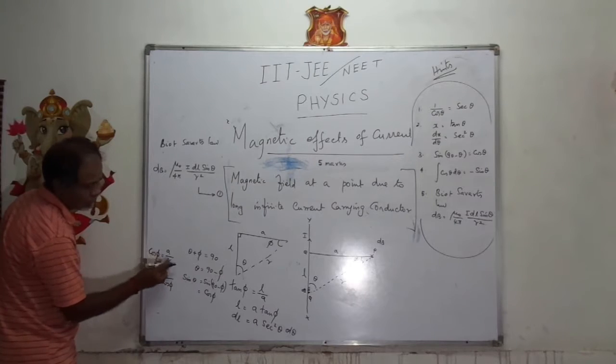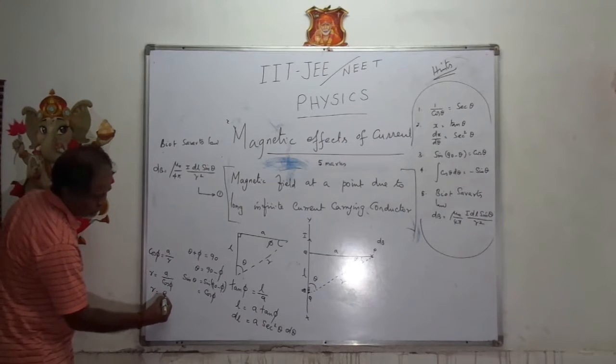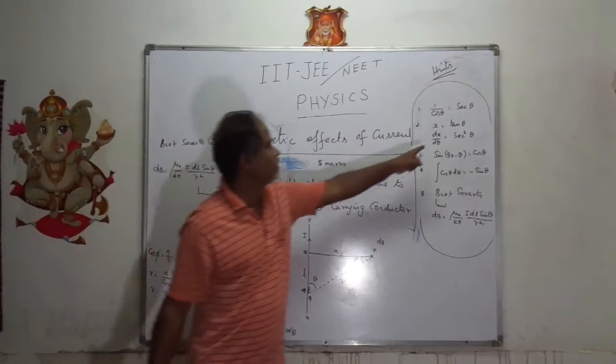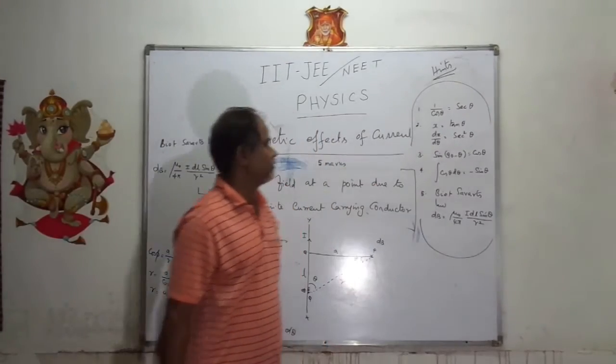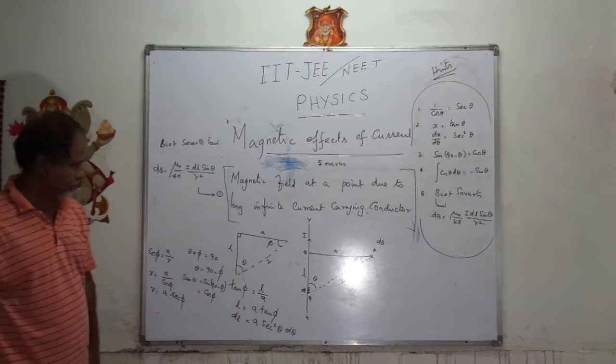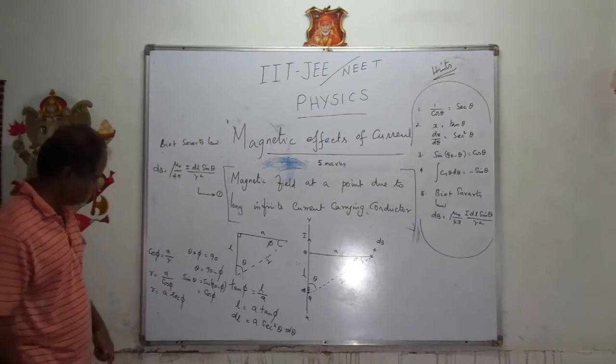That is R is equal to A times 1 by cos phi, which is A secant phi, since 1 by cos phi is equal to secant phi. Everybody understand?